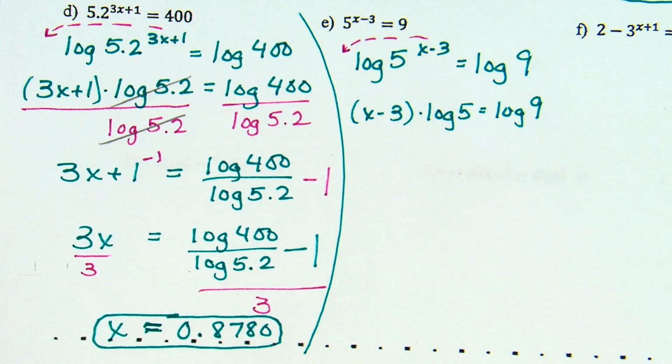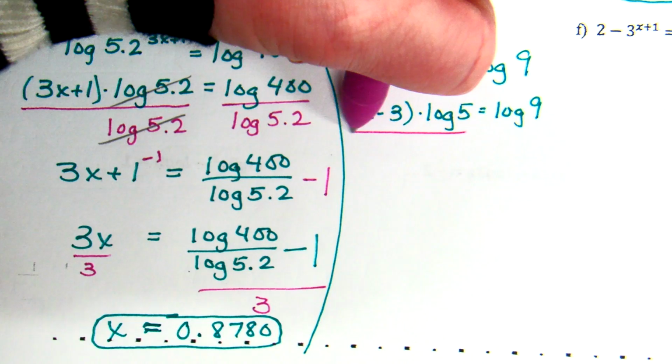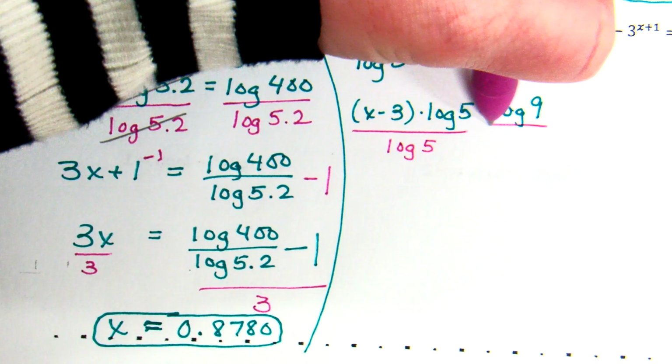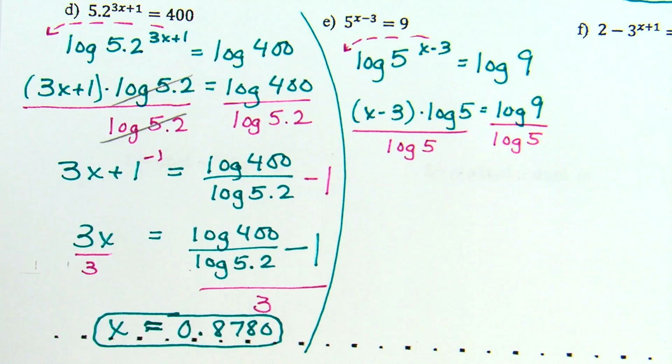Okay. The direction we went with this is, since it's x minus 3 times log 5, we opted to divide by log 5. If we divide the left, divide the right. What happens with those log 5s? They cancel out.